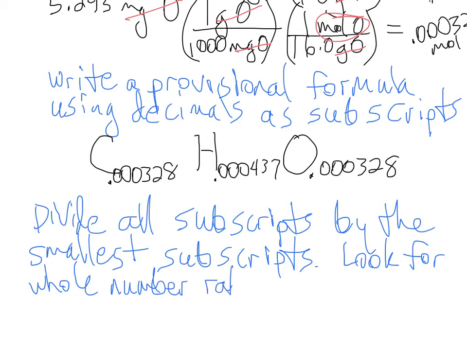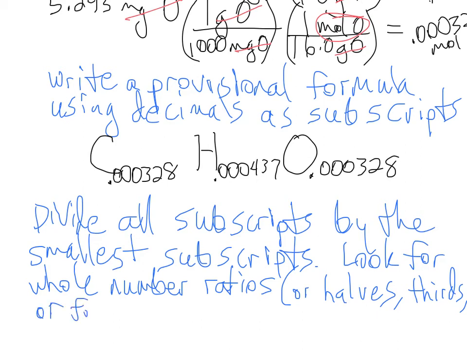As you do that, after making that division, look for whole number ratios, but also be aware that you might find a ratio that isn't a whole number, but it ends in 0.5 or 0.33 or 0.66, or even fourths, 0.25 or 0.75. In this case, we're going to divide all of the subscripts by the smallest one that we see. There's a tie for smallest in this case.